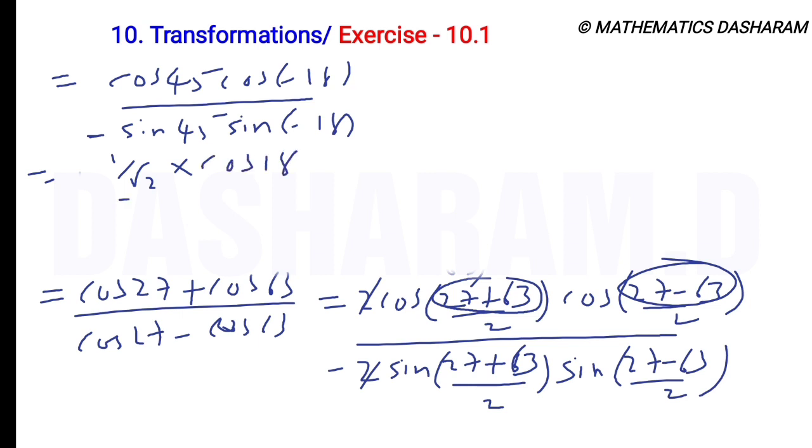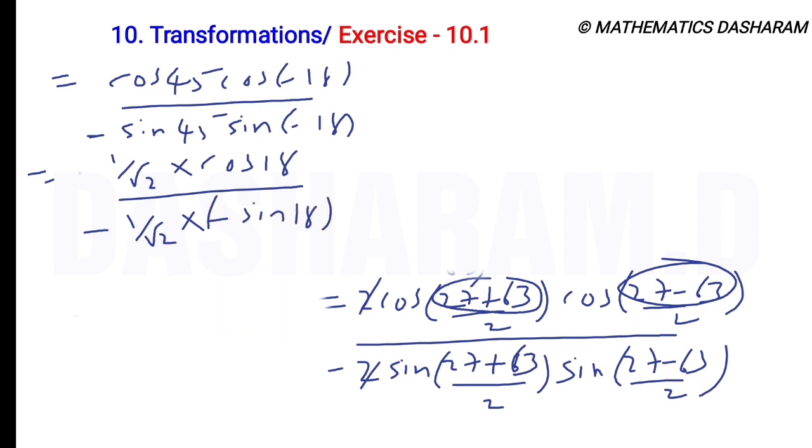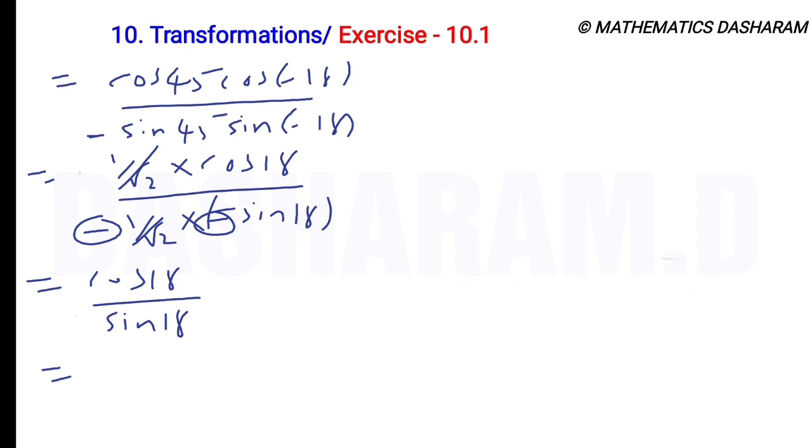So cos 18, and sin 45 equals 1 by root 2, into sin minus theta equals minus sin theta. So now 1 by root 2, 1 by root 2 cancel. Cos 18 degrees divided by, here minus into minus plus sin 18. So it is equal to cot 18 degrees. So RHS, hence proved.